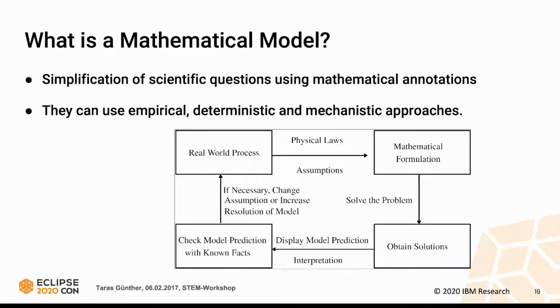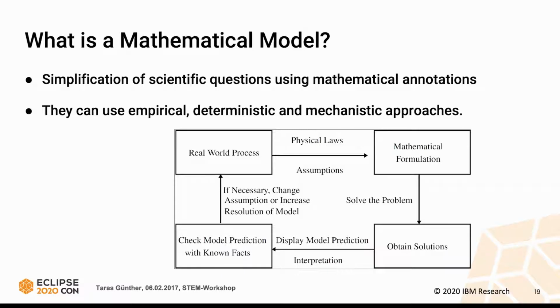We can check that interpretation with well-known facts, and then we can make changes to the assumptions that we make, or maybe we can change something about how the model represents what is happening in the real world, and then we can continue the cycle again. So fundamentally, models help us understand what's happening by providing a simplification of the real world process, and we can use this to better understand and iteratively gain increased understanding.